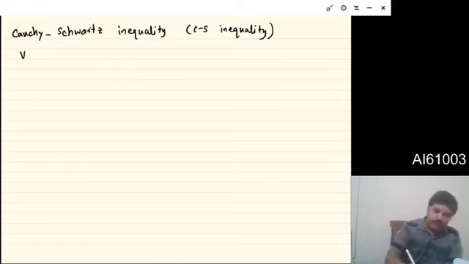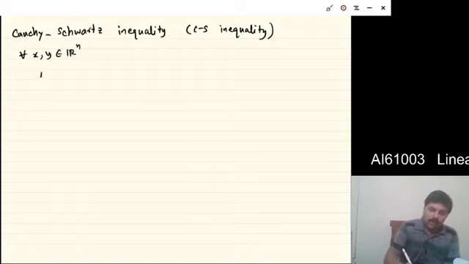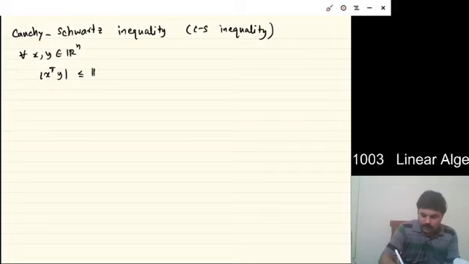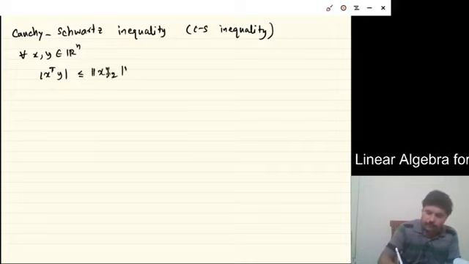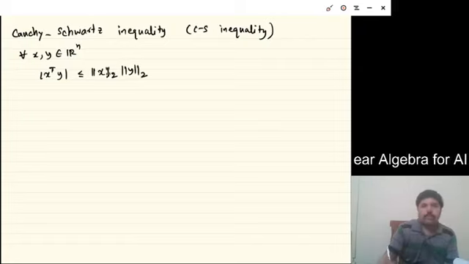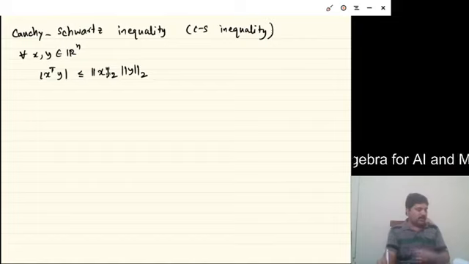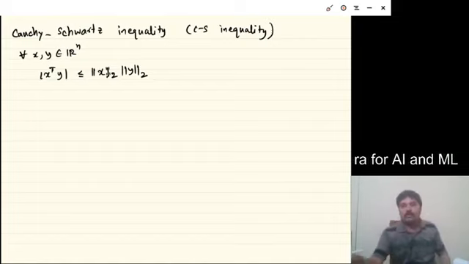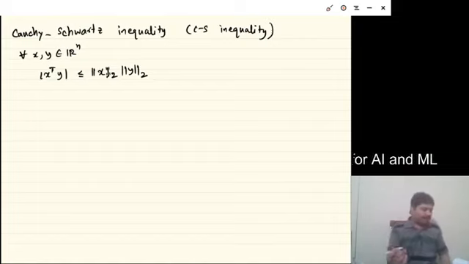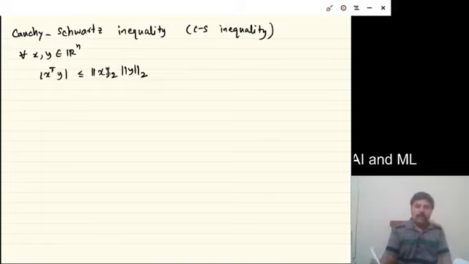The inequality says that for every x and y belonging to Rn, the absolute value of x transpose y is less than or equal to the norm of x times the norm of y. This is true for any n-dimensional vectors.